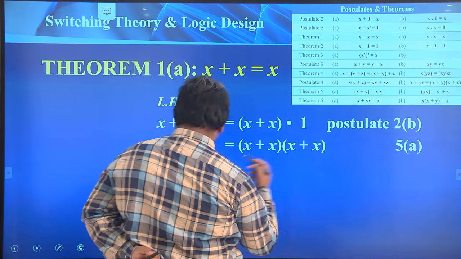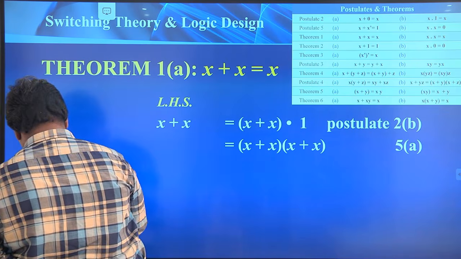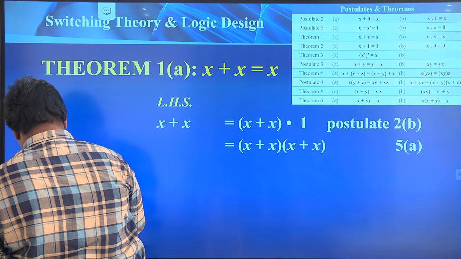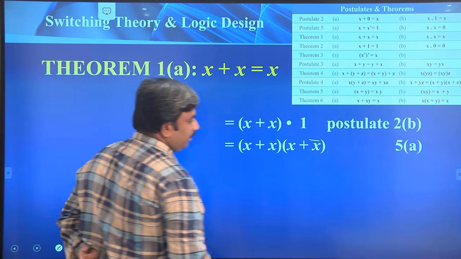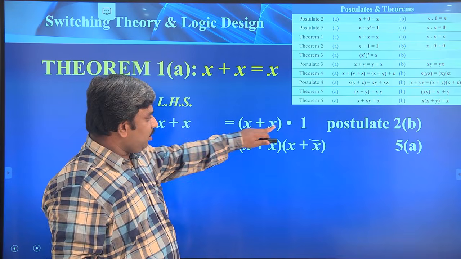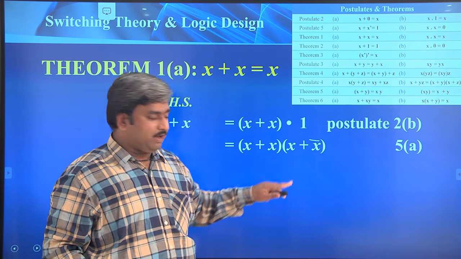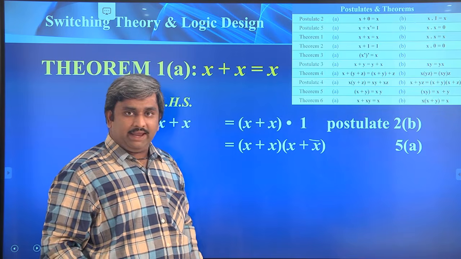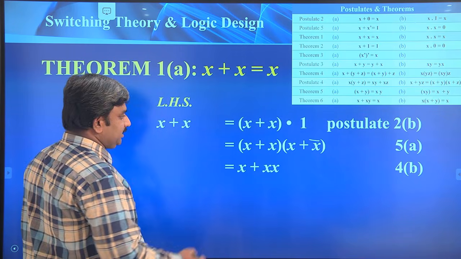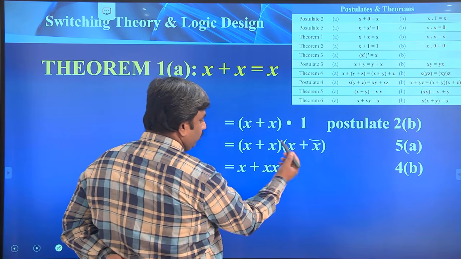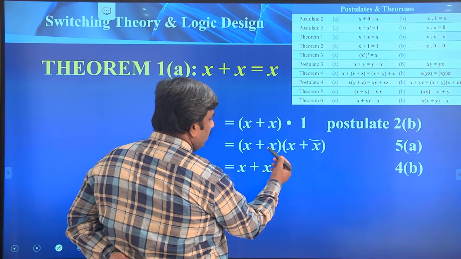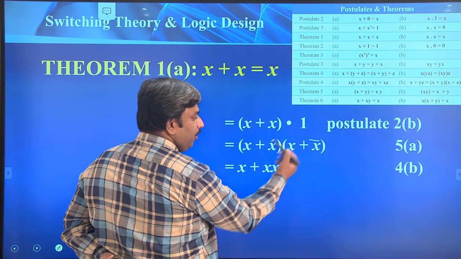x plus x bar is equal to 1. So in the place of 1, I am writing x plus x bar. Next, you have to multiply x with these two terms.